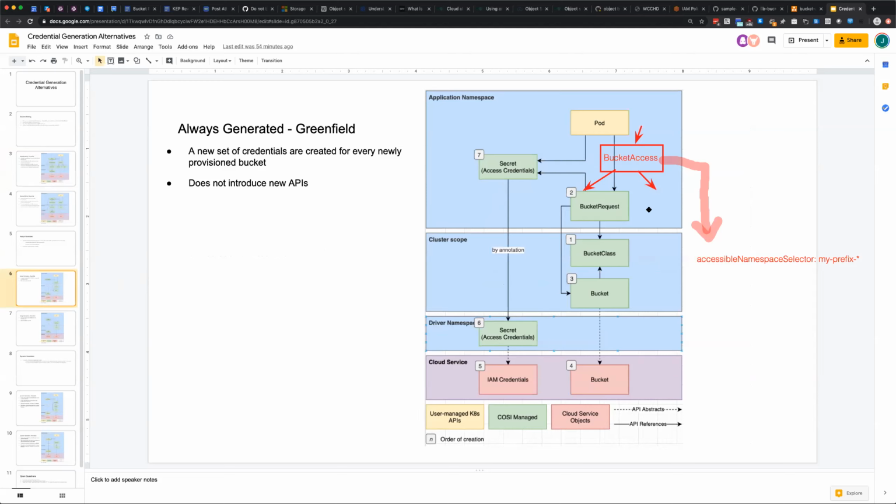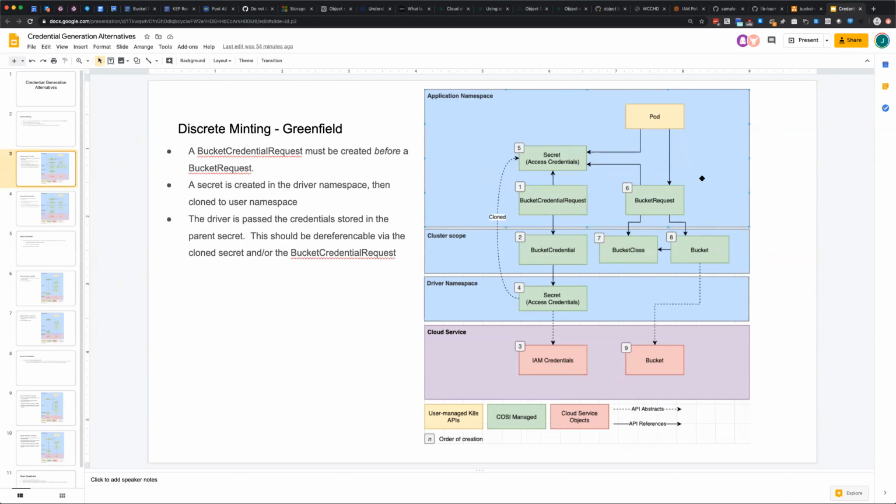So essentially, I create my bucket request. I get credentials all the time, whether it's greenfield or brownfield. But I think we've all moved past that at this point. And then lastly, the bucket access API was another key thing when I was considering the model we're talking about now, where I request access to a bucket, or rather request a binding to a bucket for my service account or credentials.